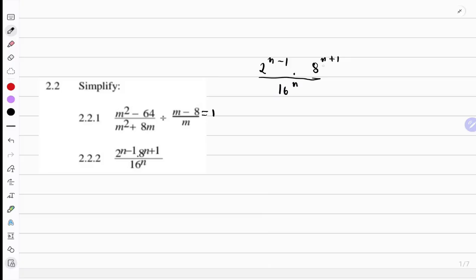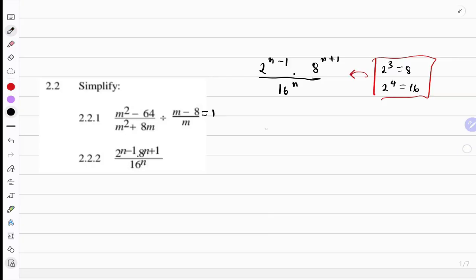You'll notice that all three can be written with a base of 2, because we know 2 to the power of 3 is 8 and 2 to the power of 4 is 16. So let's apply this information to the given expression.